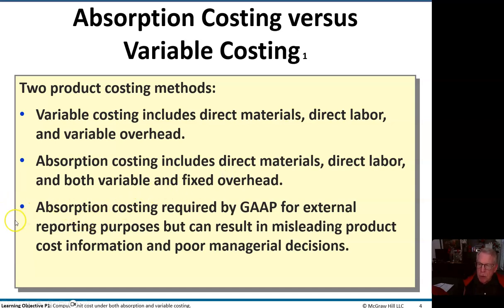Major difference. Absorption costing is required by GAAP for external reporting purposes, but it can result in misleading product cost information and poor managerial decisions. I have personally seen that, in fact, happen.